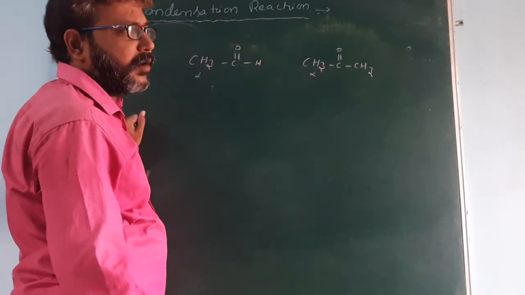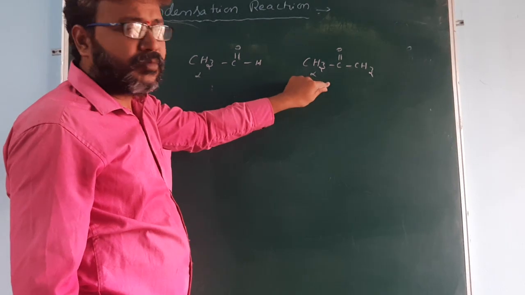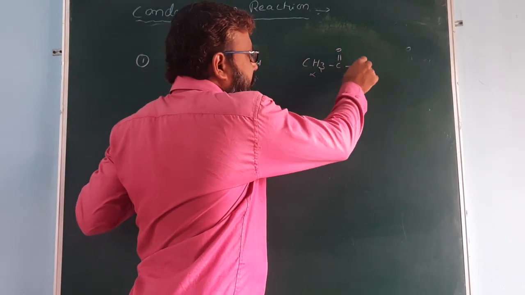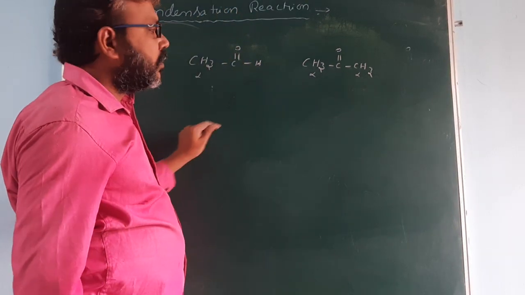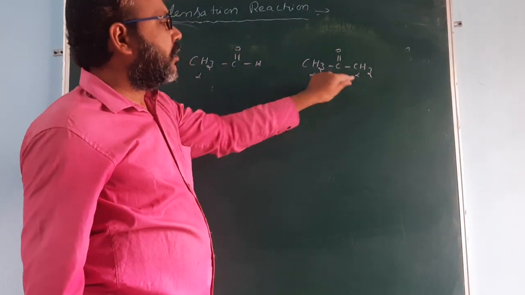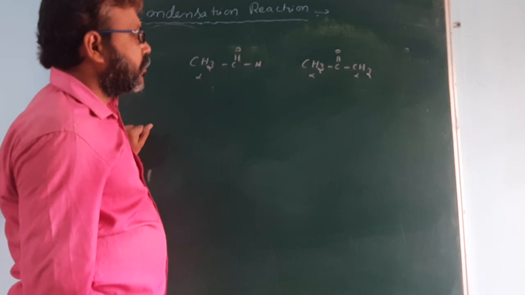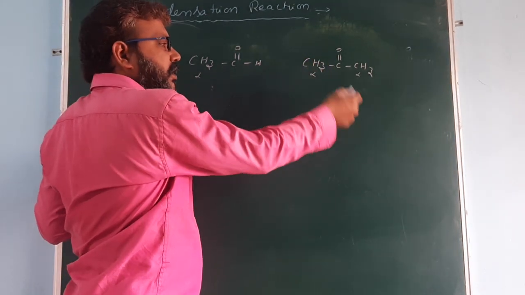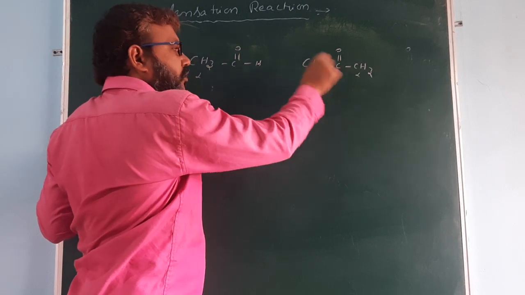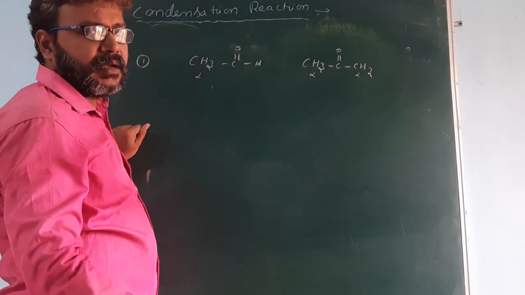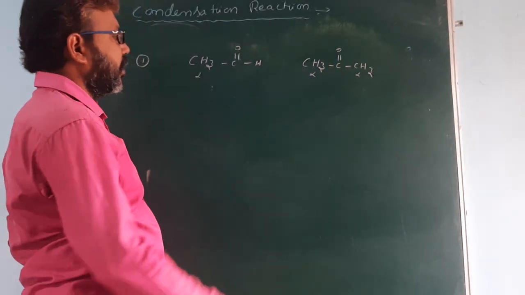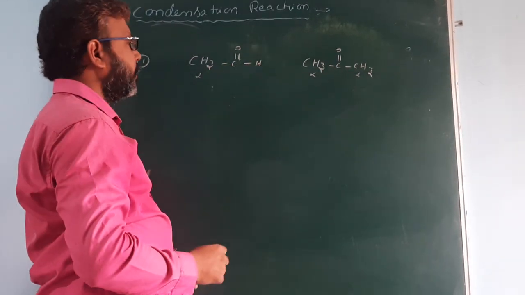Only one type of alpha hydrogen is present here, and here also only one type. So this alpha hydrogen is similar to this one; both are similar groups. If you remove this alpha hydrogen, you get the same product, and if you remove this one, you get the same product, because these two alpha hydrogens are similar, symmetrical carbonyl compounds.